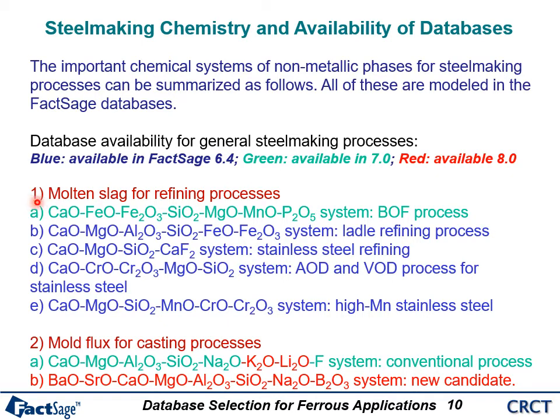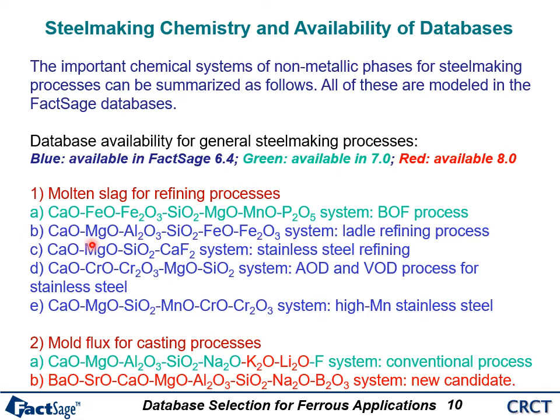When you're considering the slag in the refining process in steelmaking or non-ferrous metallurgy, we have CaO, MgO, FeO, SiO2, and the CaO, FeO, Fe2O3, SiO2, MgO, MnO, P2O5 system, which is important for the BOF. The full range of this system is covered in our FactSage database.